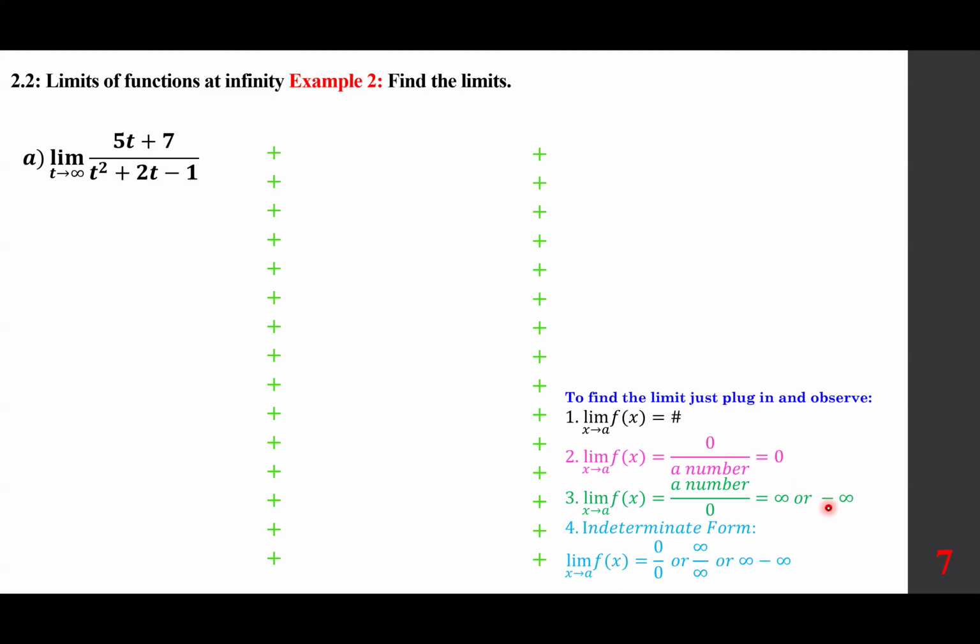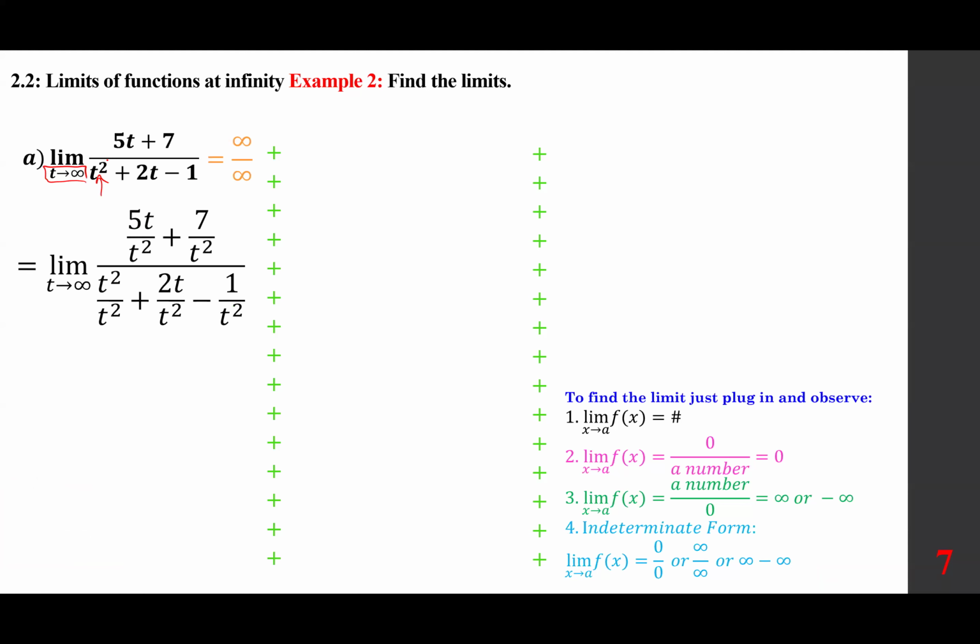But in calculus, most of the time we deal with indeterminate forms: 0 over 0, infinity over infinity, infinity minus infinity, and so forth. In this case, it's infinity over infinity. The technique is, because this is a rational function and the variable t is approaching infinity, you divide by the highest degree term in the denominator, namely t squared in this case.